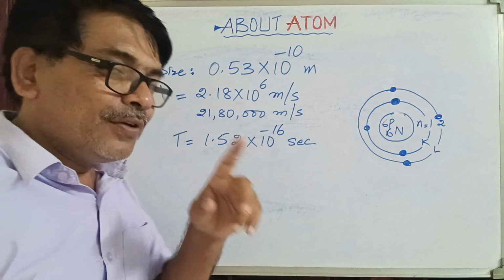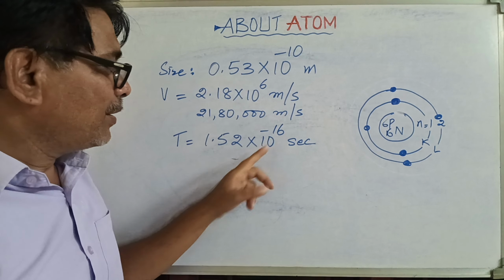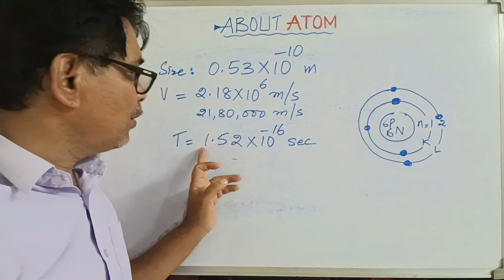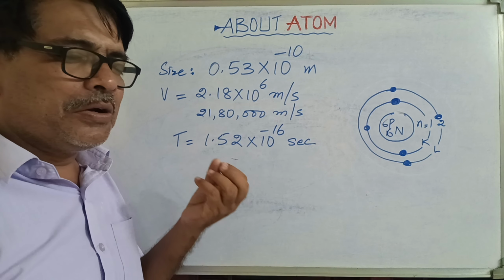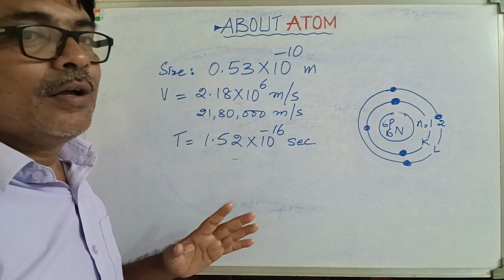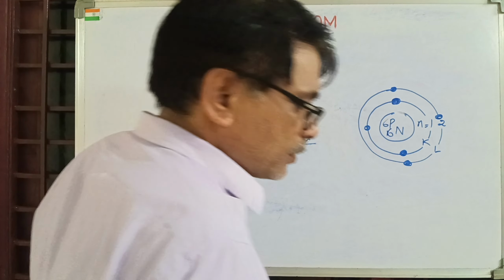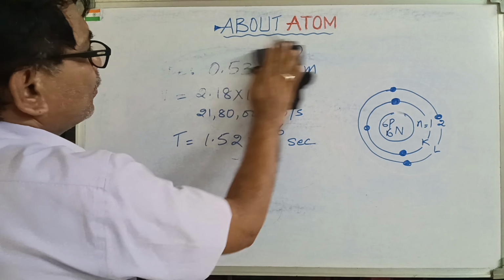It's not 1 second, it's not 2 seconds. It is minus 16, that means after the decimal point there are 15 zeros, then come these values 152. Within that tiny time it is able to make one revolution. That is why it moves very fast. That is why it is said that electrons move very fast. This is something about the electron.